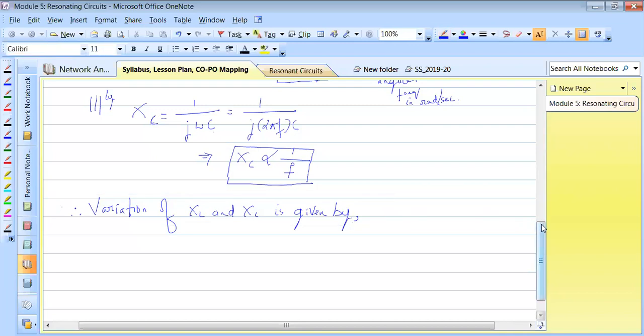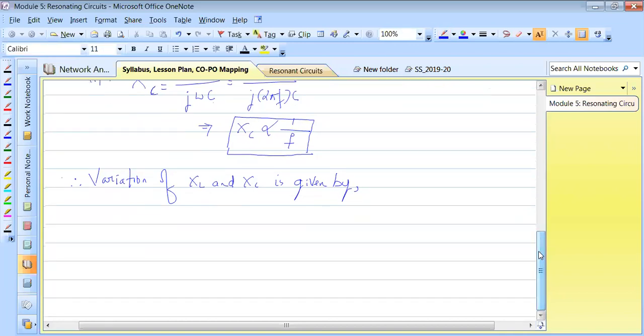So we shall draw some graph now. What graph are we trying to draw here? First, let's have XL, the reactive part of the inductor, versus f.